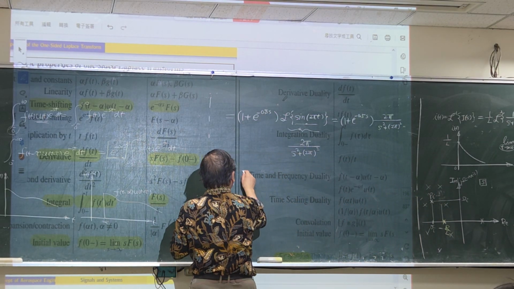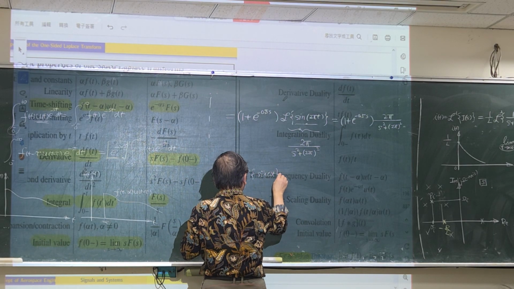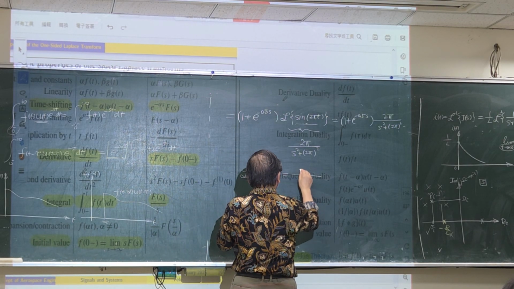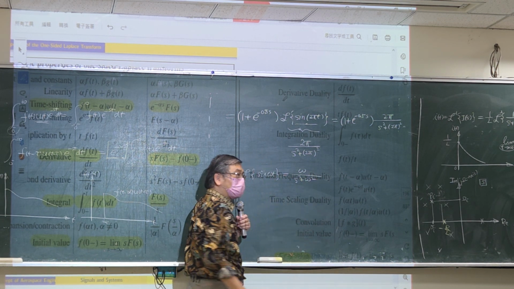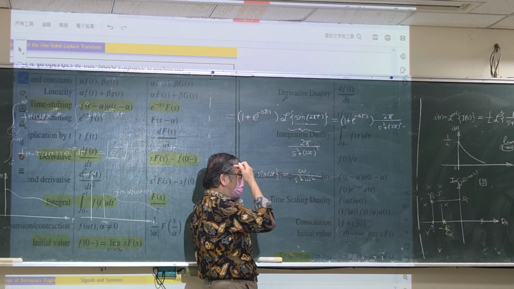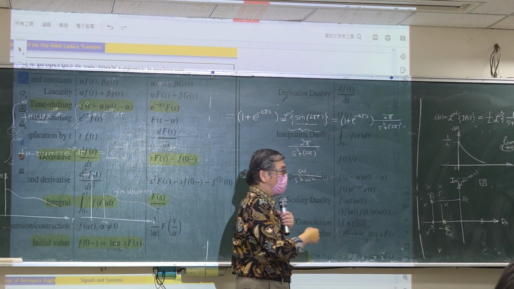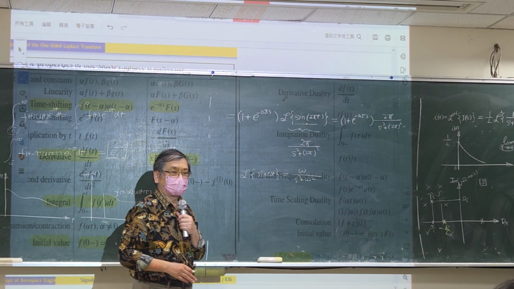If you take the Laplace transform of sine omega t, that is equal to omega over s squared plus omega squared, right? Again, I need you to burn this into your memory. These are the important functions you have to memorize.